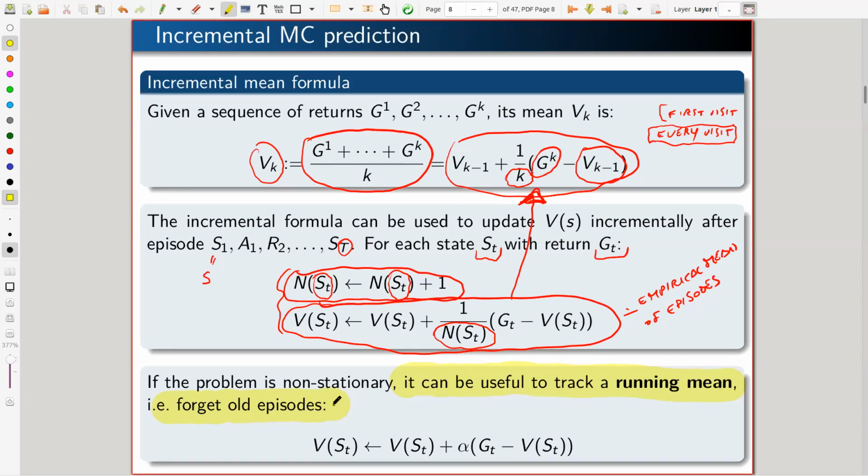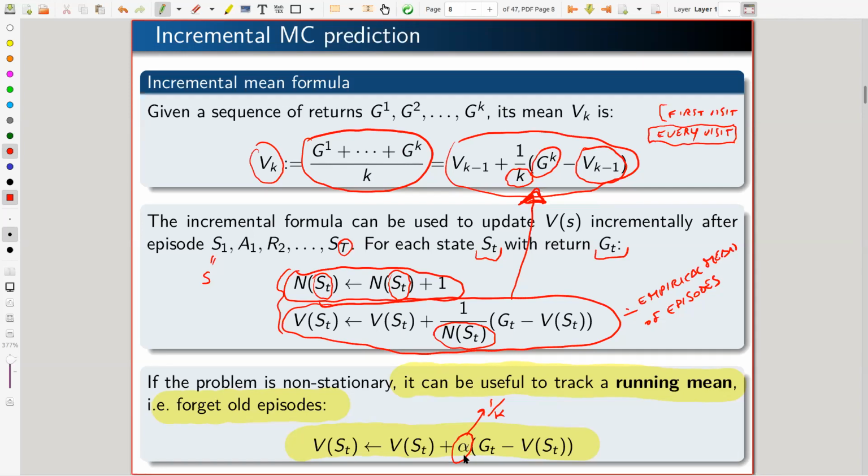One way of doing this is using this update formula. Look at this formula. It's really extremely important. It's the same as before. The only difference is that this one was 1 over k, 1 over the number of visits of the state. What is the difference in putting this?